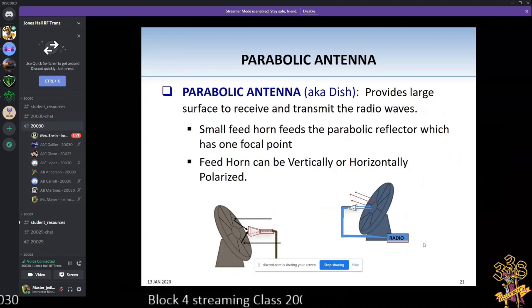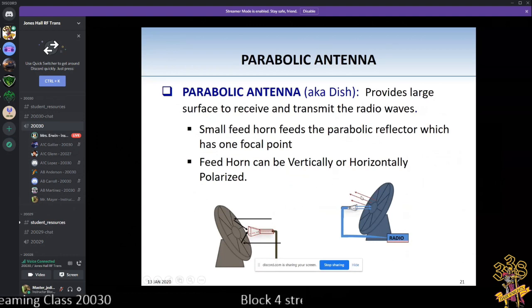So what happens is your radio transmitter, your signal comes out of the feed horn, which shoots it into the center of the dish. The way the dish is shaped, it focuses all that energy into a tight beam that gets transmitted.